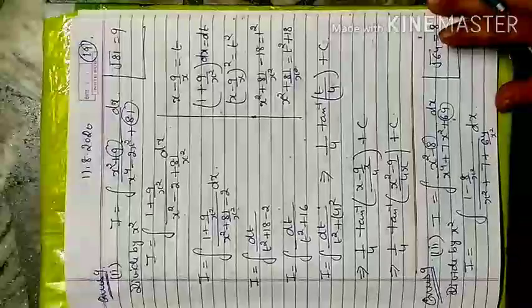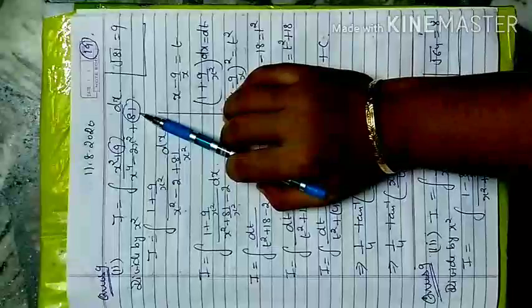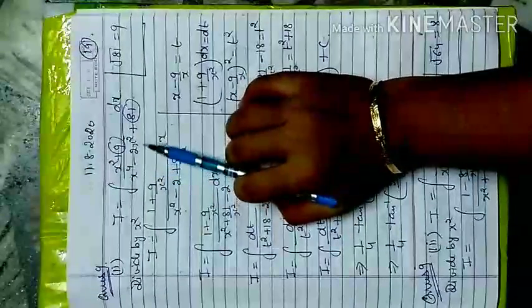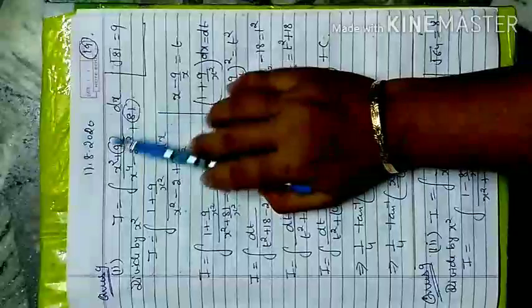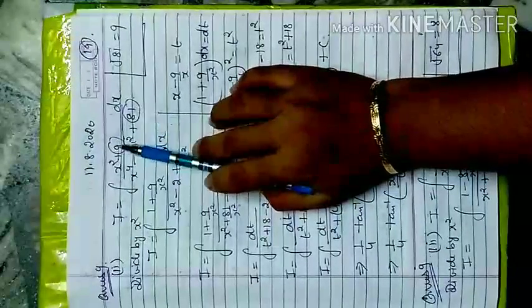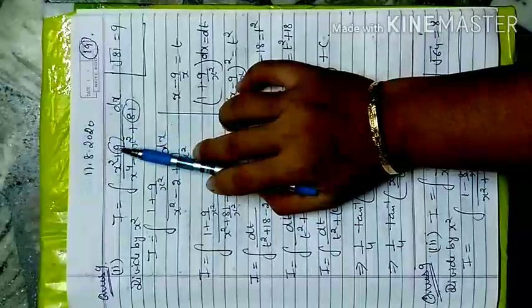Now your 9th question, second part is here: x square plus 9 over x^4 minus 2x square plus 81. So here x^4, here x square, it doesn't matter if it is positive or negative, you only have to check the constant term. Is the constant term in the numerator the square root of the denominator's? The square root of 81 is 9.